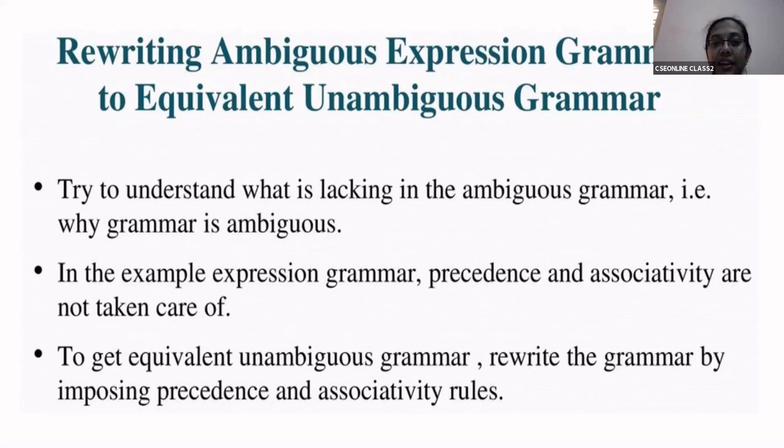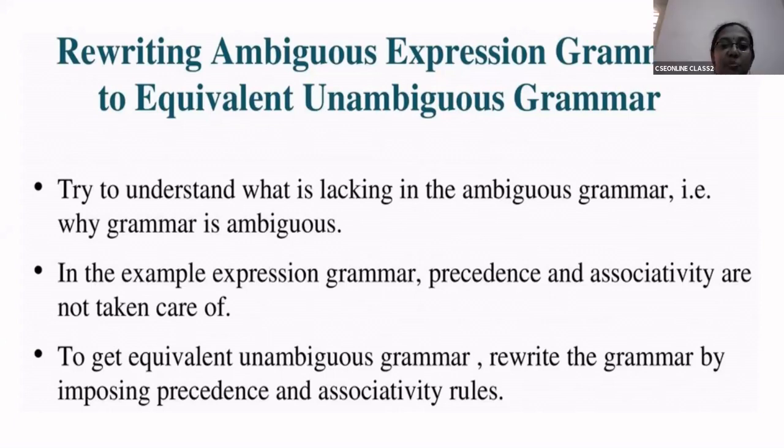Associativity comes into the picture when you have an input string which makes use of the same operators, that is plus plus or minus minus or multiplication multiplication, because both have the same precedence. When you have two operators with the same precedence, associativity comes into the picture, whether the expression has to be evaluated from left to right or from right to left. When you take care of these two things, you will be eliminating the ambiguity from the grammar.